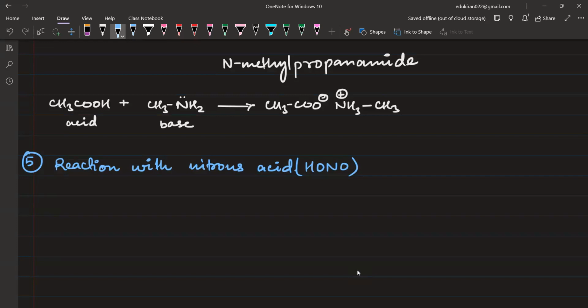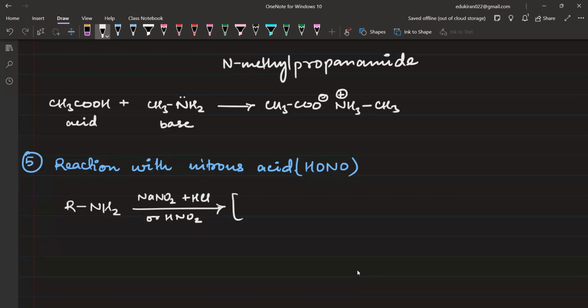For example, if I have a primary amine, RNH2, and you treat RNH2 with NaNO2 plus HCl, or if it has been written HNO2, okay, both are the same thing. HNO2 is formed in the presence of NaNO2 and HCl at lower temperature.